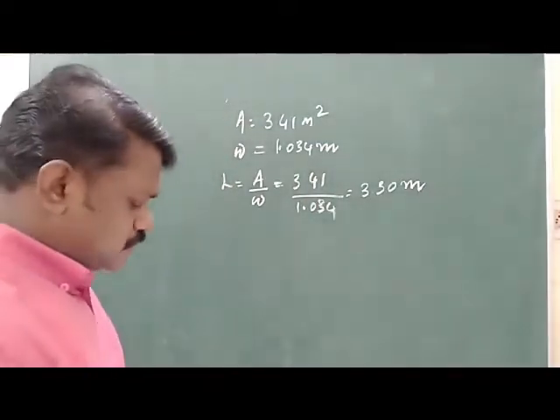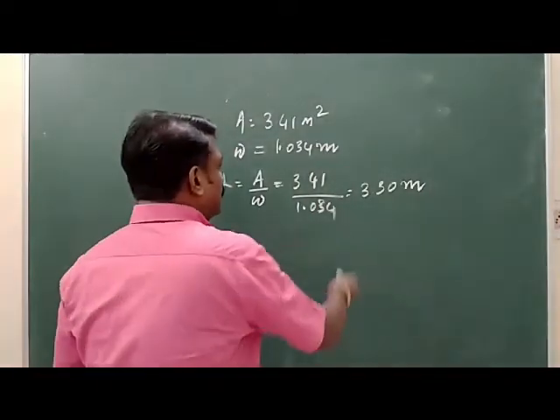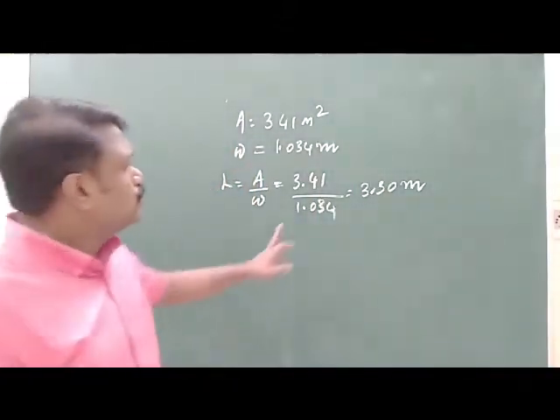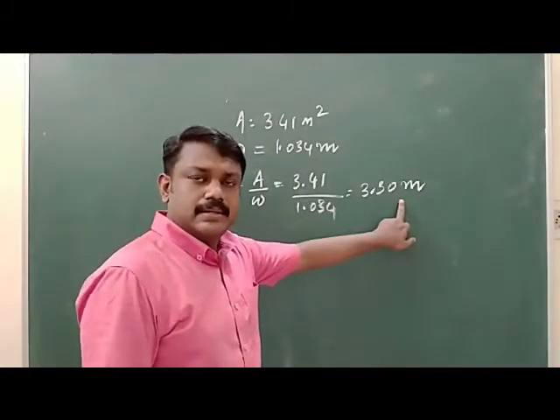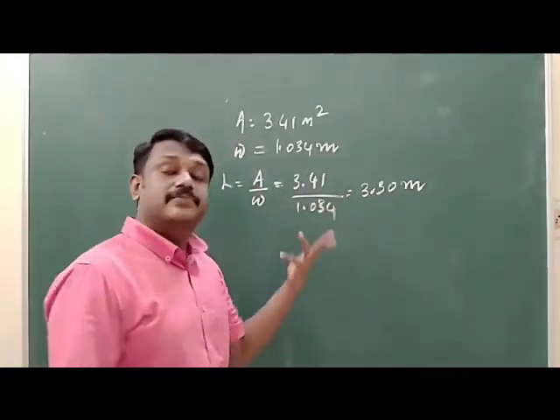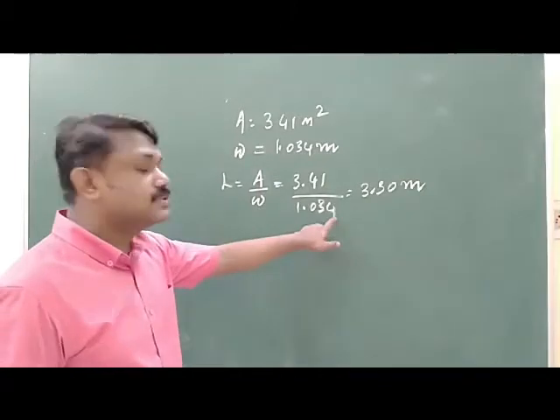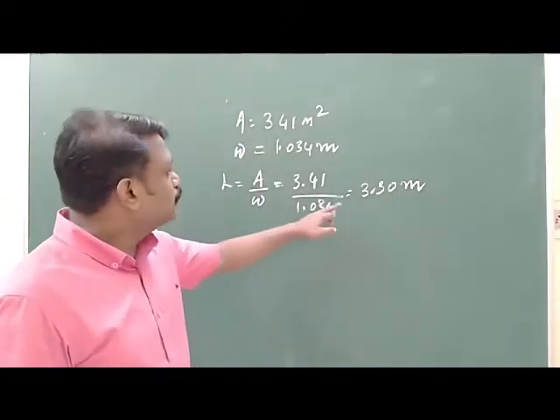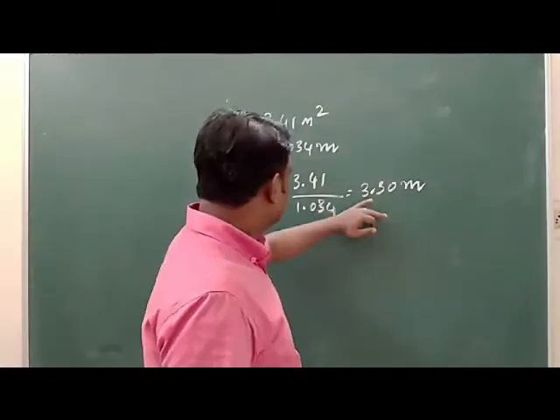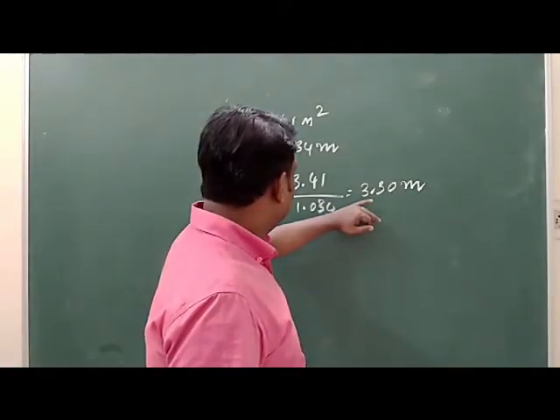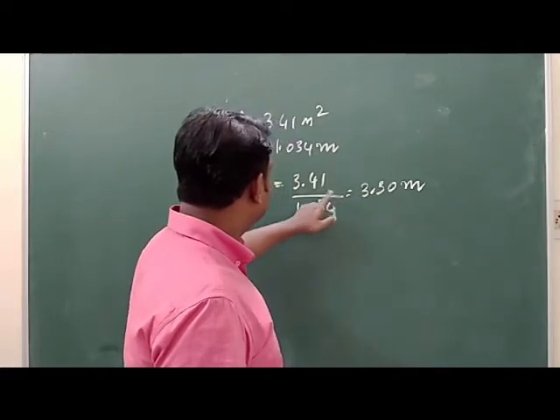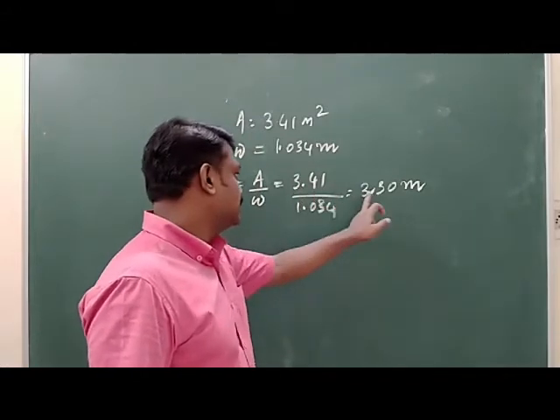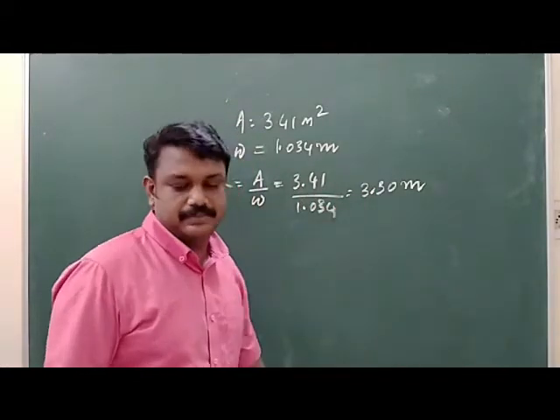So what happens is, when you calculate the value, the final value should be rounded off to how many significant figures? Here 1, 2, 3, 4 significant figures are there. Here 1, 2, 3 significant figures are there. So you have to keep this as 3 significant figures, so 3.30 meter.